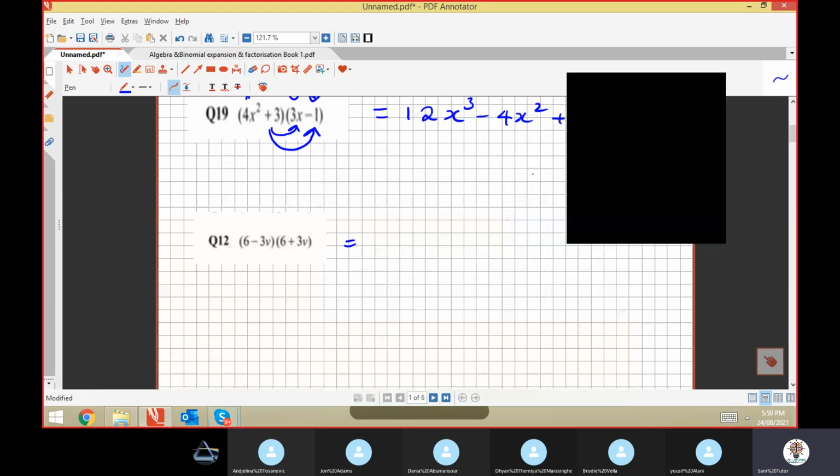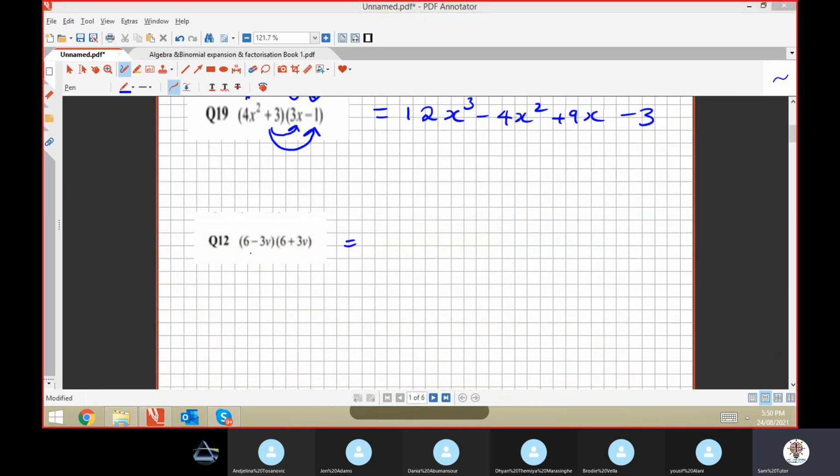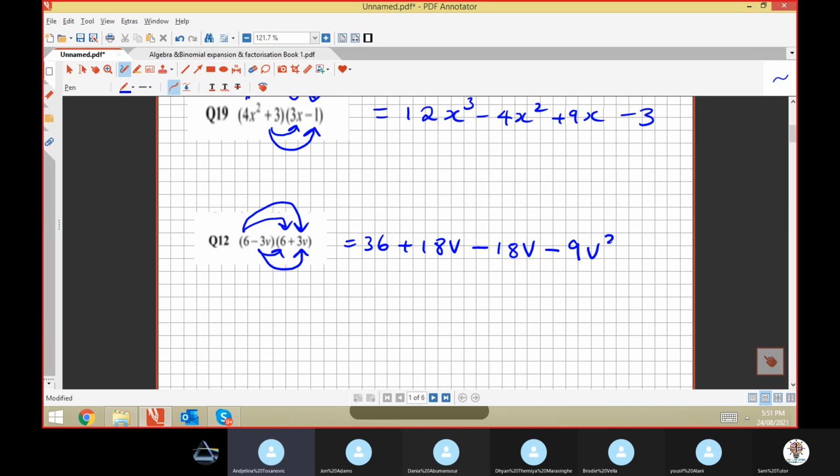Yeah, Angelina. Hi. Could you expand this for me? 6 minus 3v, 6 plus 3v. 6 times 6 is 36. Perfect. And 6 times 3v is 18v, and then negative 3v times 6, negative 18v, and then negative 3v times positive 3v is negative 9v to the power 2.